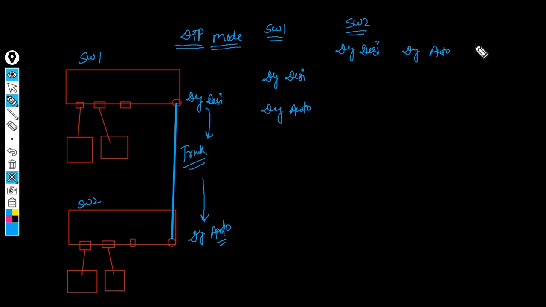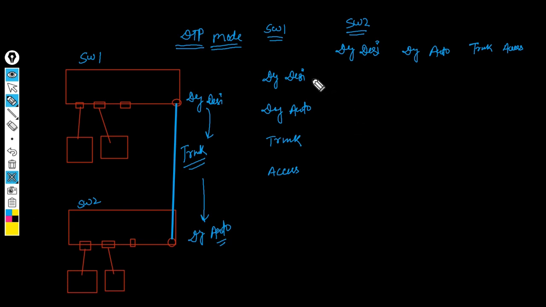If you remember, manually we can configure a port to work like a trunk, and manually we can configure a port to work like an access port. So in switch 2 this can be the mode, and in switch 1 also this can be the mode, like trunk and then access.